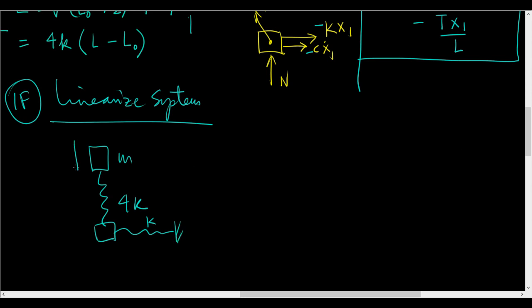There is one mode where this vibrates and this does not, no movement, and the natural frequency is square root of k over m times 2. There is another mode marked in yellow where this moves and this does not move, no movement.